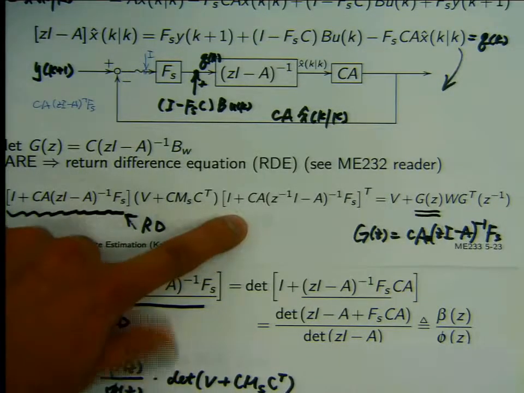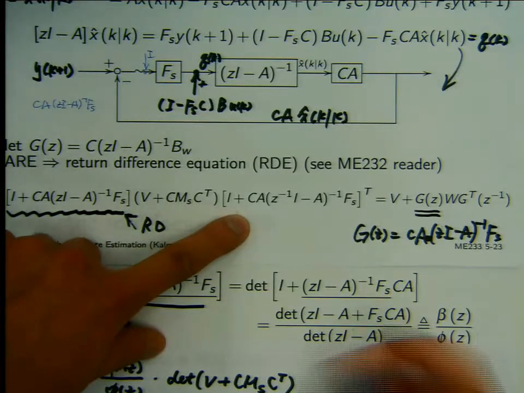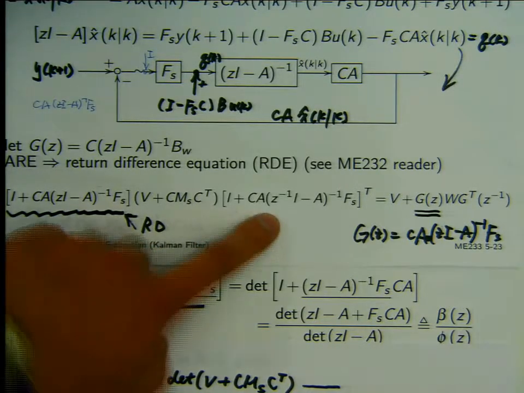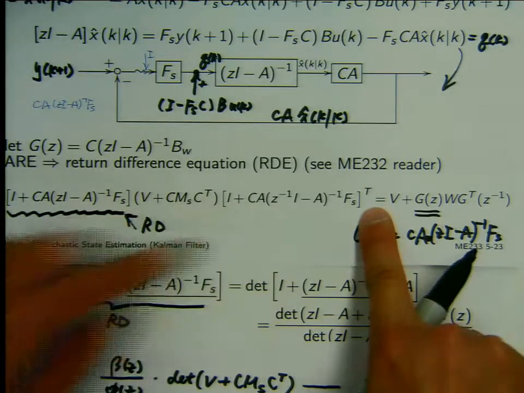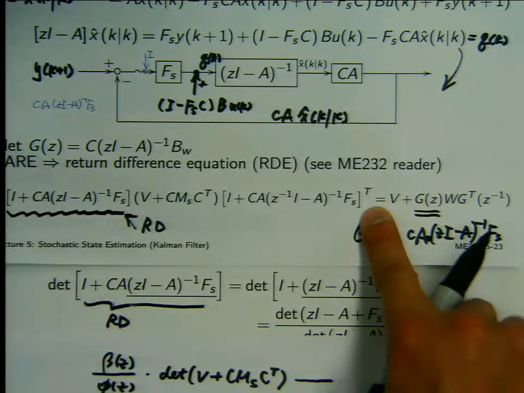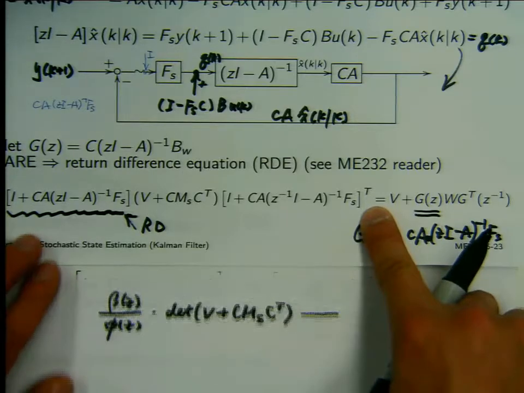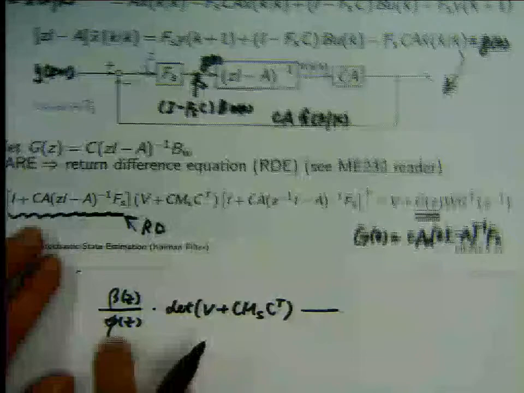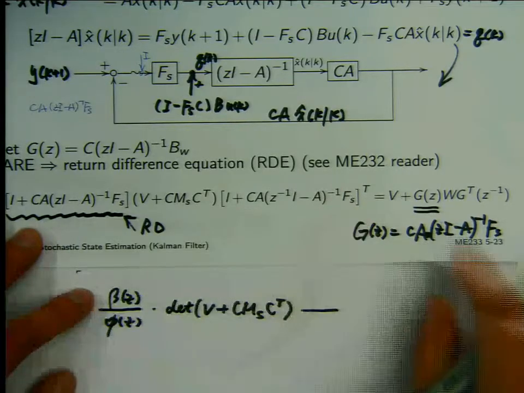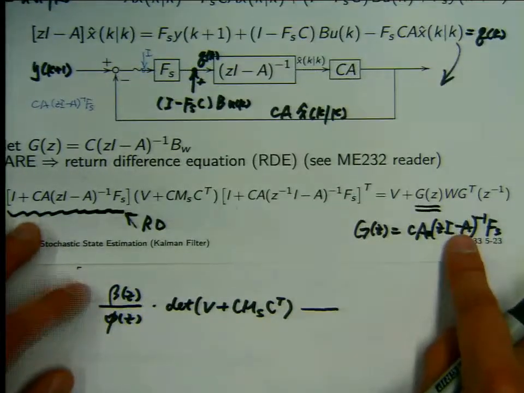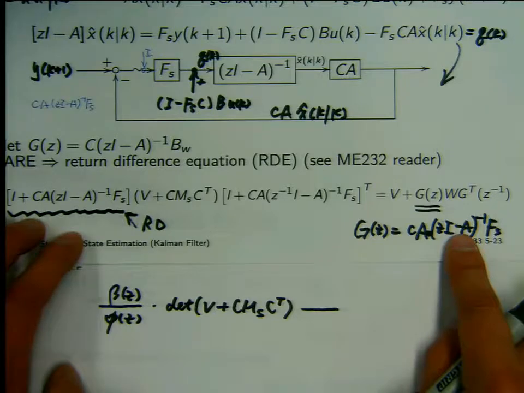Over here, be a little bit more careful about this term here. Take the determinant of this guy, what result will come out in the form of phi and beta? Be careful.